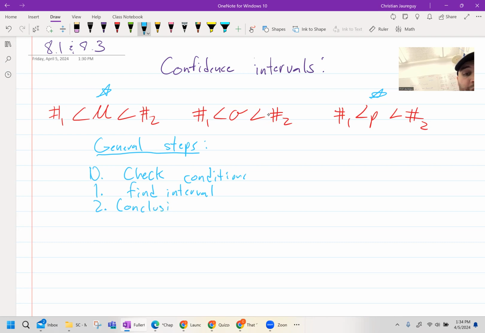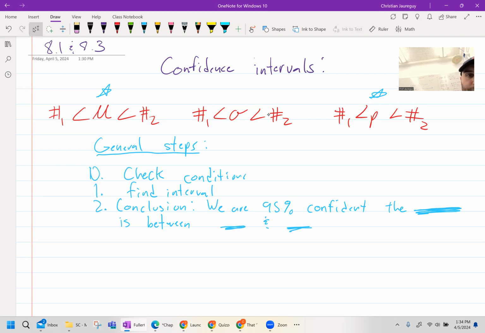And that conclusion usually looks something like, we are 95% confident the blank is between blank and blank. And the blank that goes here is the parameter.